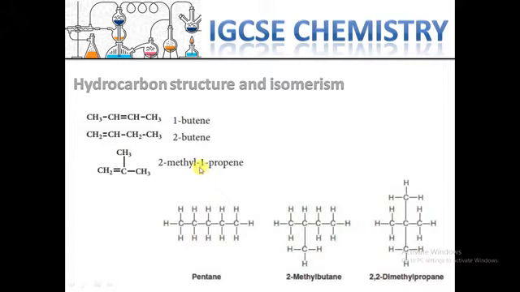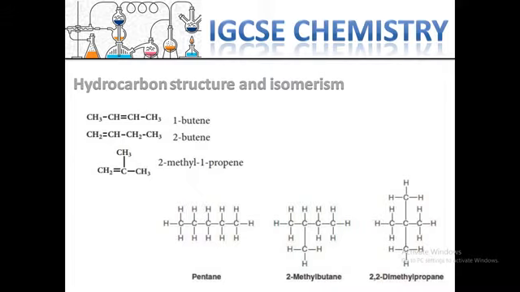2-methyl-1-propene. Another example is the isomers pentane, 2-methylbutane, and 2,2-dimethylpropane. And these are also three isomers. These three isomers have the same molecular formula but different structural formula. The structures are different. And another thing is melting point and boiling point.